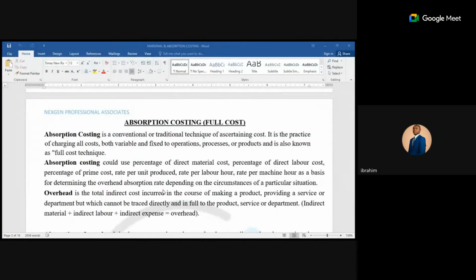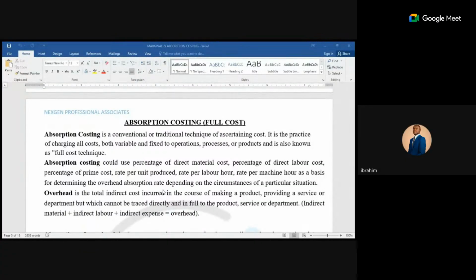Class, the question now is, what is overhead absorption rate? We will get there. My point here is that absorption means consumption. When you want to absorb an overhead, an overhead could be absorbed.